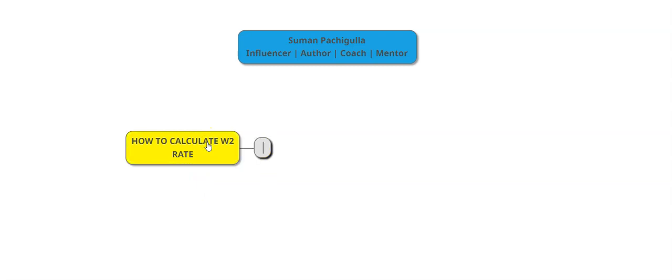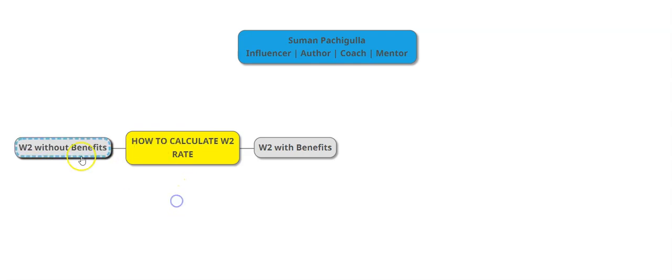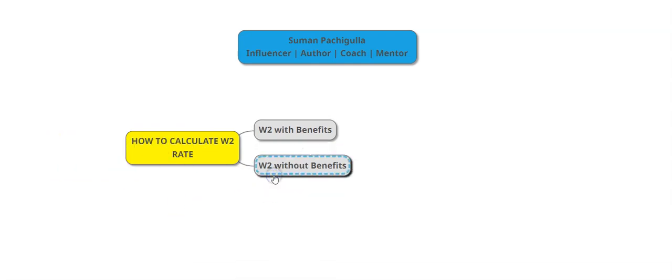Now, what we are trying to understand here is how you are going to calculate. In W2, there is W2 with benefits and W2 without benefits. When it is W2 with benefits, you need to understand and ask what kind of benefits your company is providing. Few companies provide benefits such as health insurance, medical, dental, and 401k pension plan.